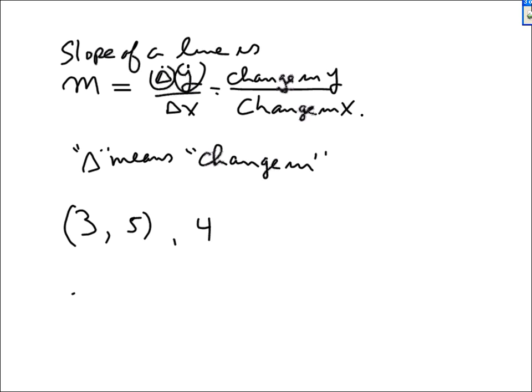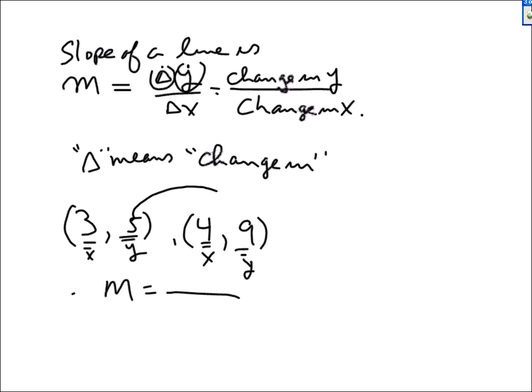What's the slope? Remember, x and y. Well, what's the change in y? If you go from 5 to 9, you went up 4.